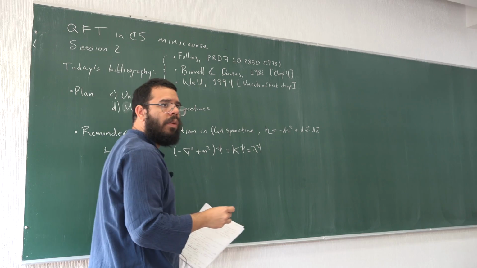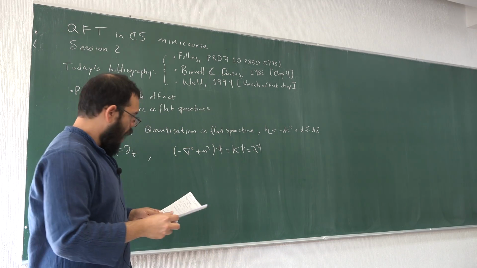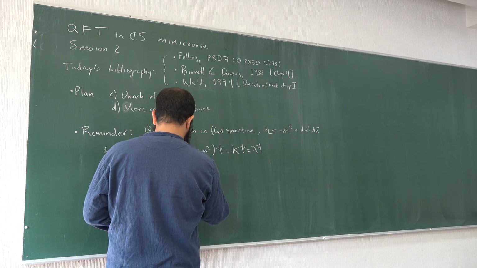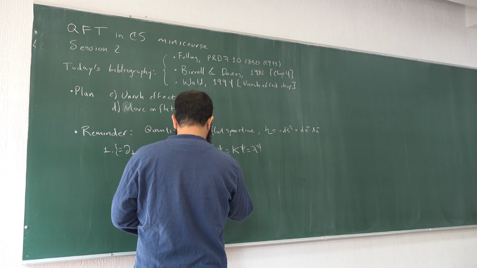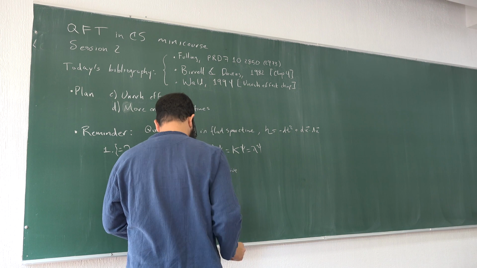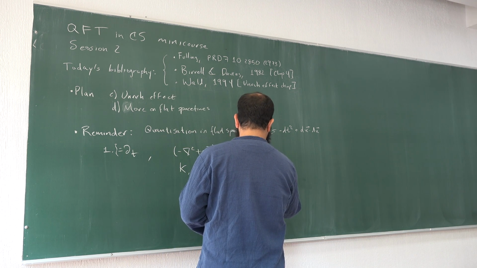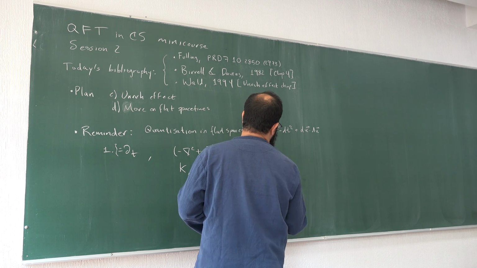And this is how we found those plane wave solutions, if you remember. And we want to realize K as a self-adjoint positive operator in L2 of R^(n-1), as we found.